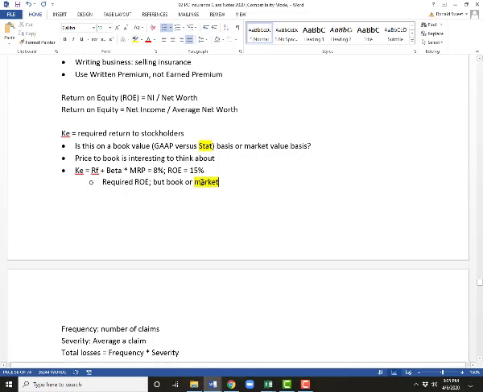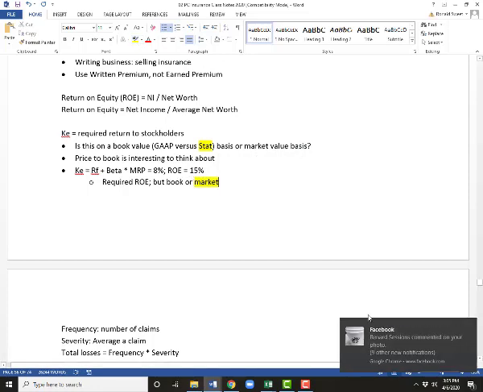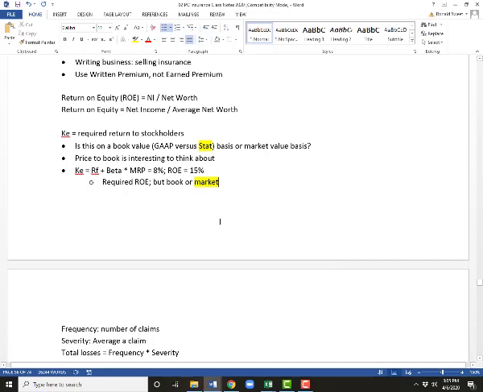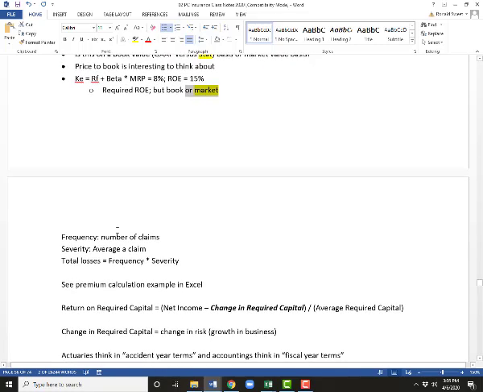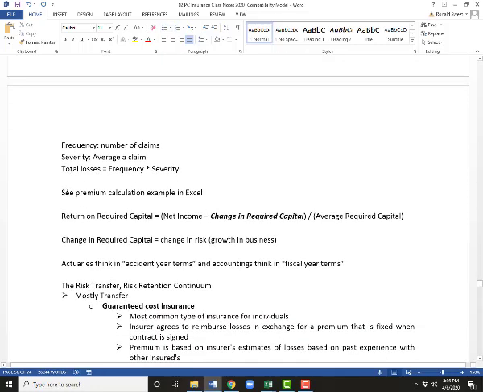But if your price to book is 3-to-1, and you're doing an ROE on a book value basis, so you're making 15% on a book value basis, where stockholders require 15% on a market value basis, and your market to book is 3-to-1, then you say you're making 15%, but your stockholders see you only making 5% because of that 3-to-1 ratio. So it's pretty important. All right, we've already talked through that.